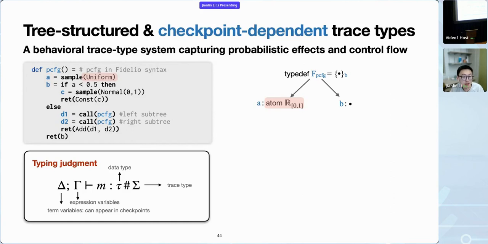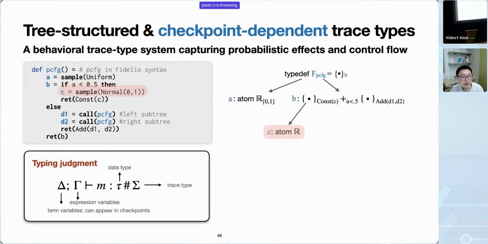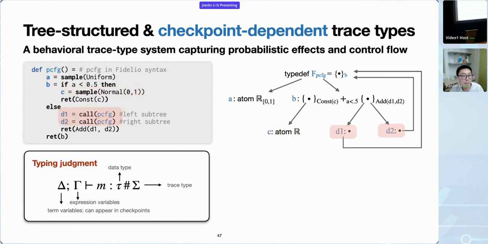The first entry records that the type of term variable A is the unit interval, and the second entry is a branching type. It records the branching condition as its checkpoint. In the then branch, the nested trace type records that the type of C is real, and in the else branch, there are two recursive calls.